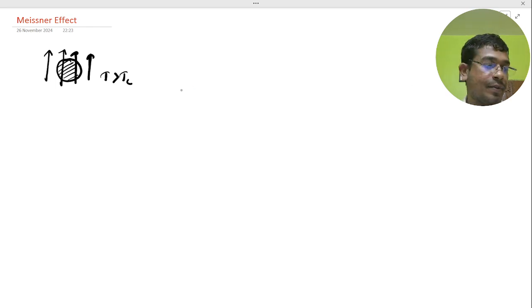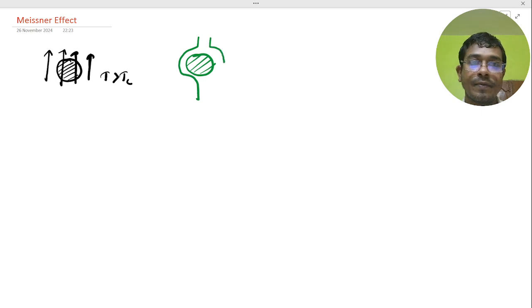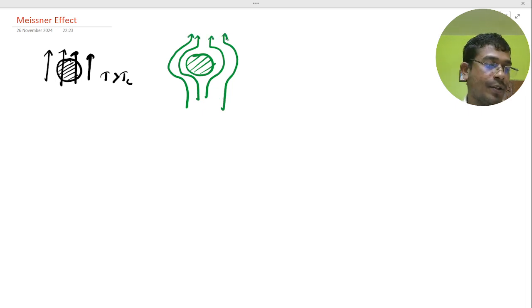The other one, the field lines bend here, and we finally get this type of shape for the superconducting sphere at T less than Tc.